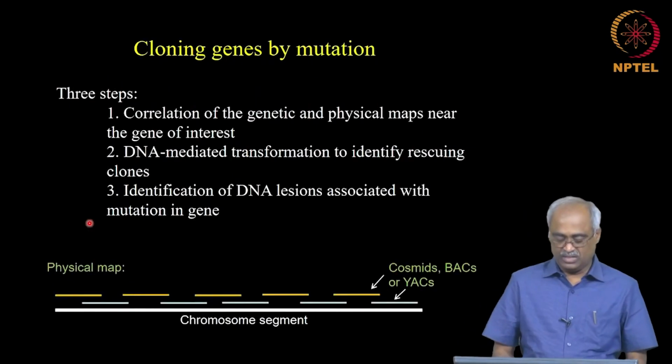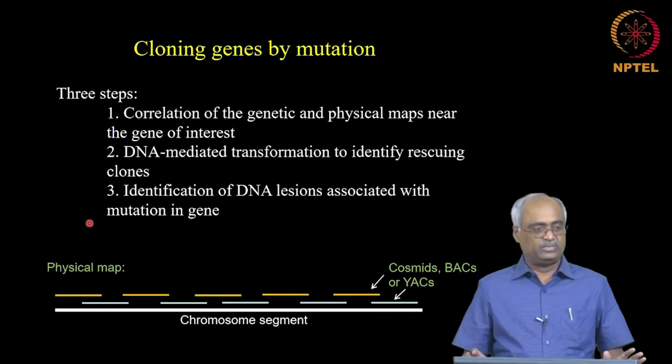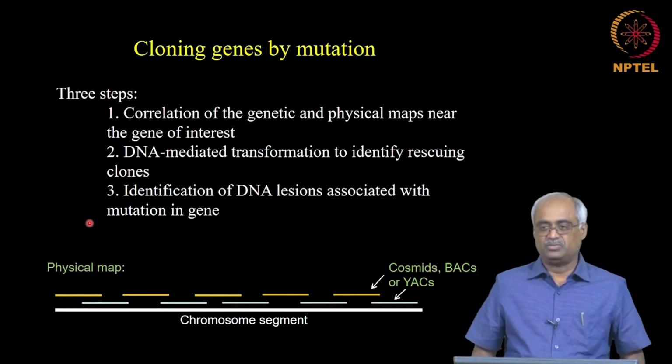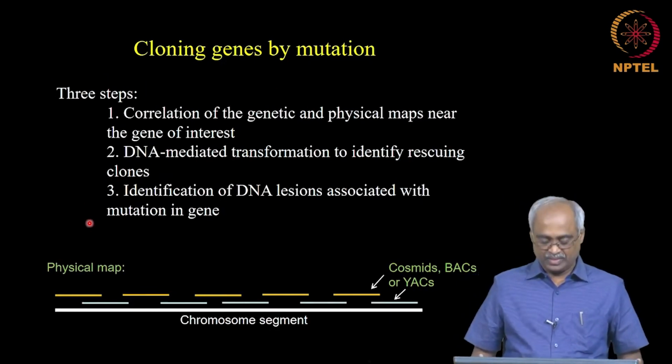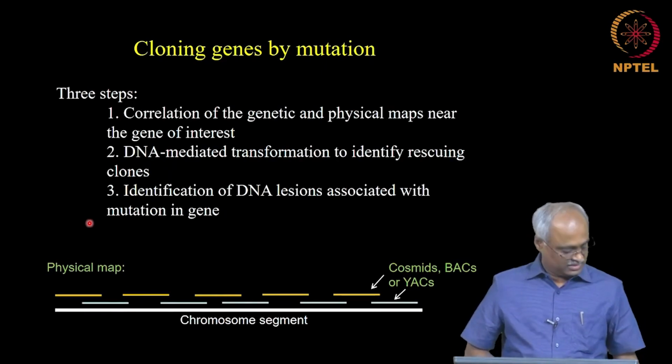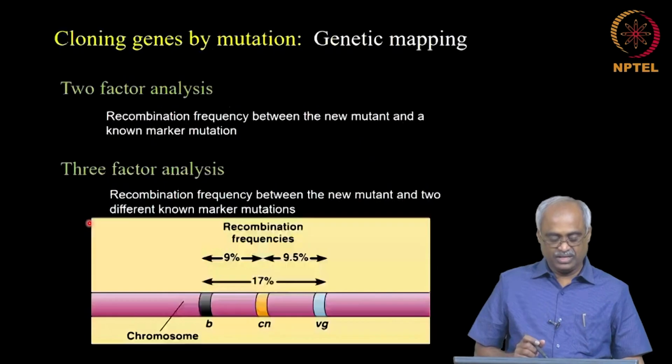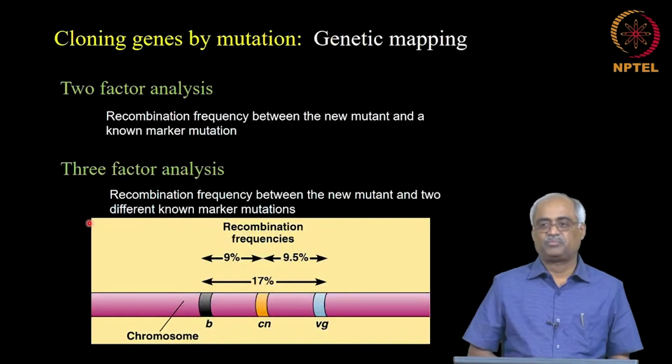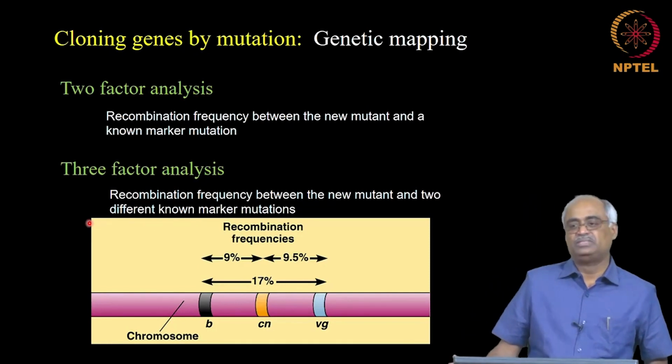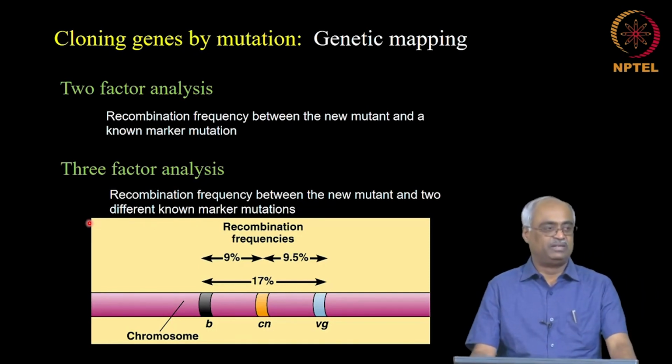There are multiple routes. I am going through the most common route that is done in standard genetics. So, first we need to find out on which chromosome that particular given mutant allele is located. Okay. First you want to identify the chromosome.